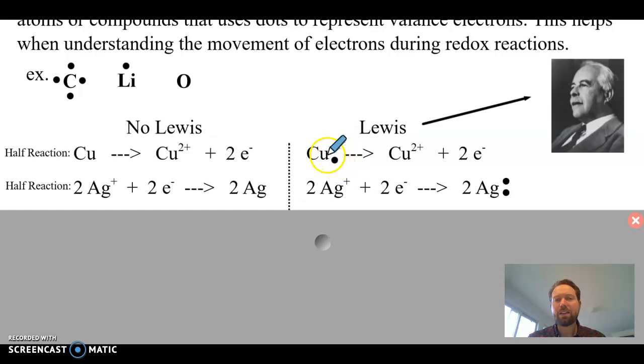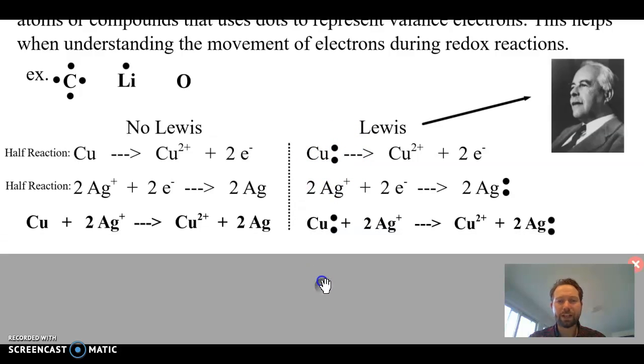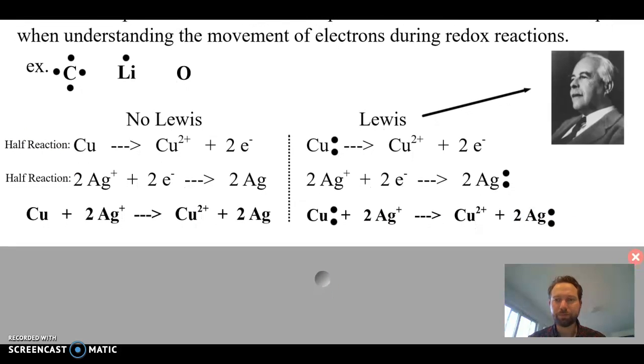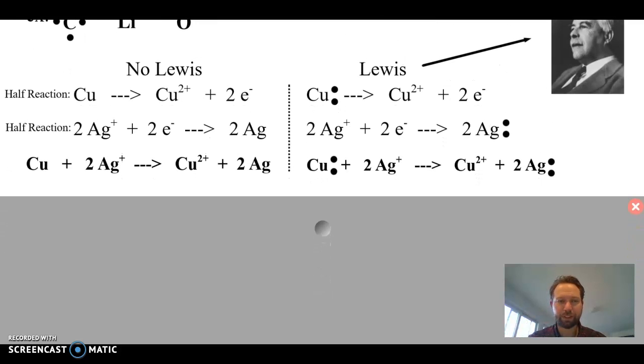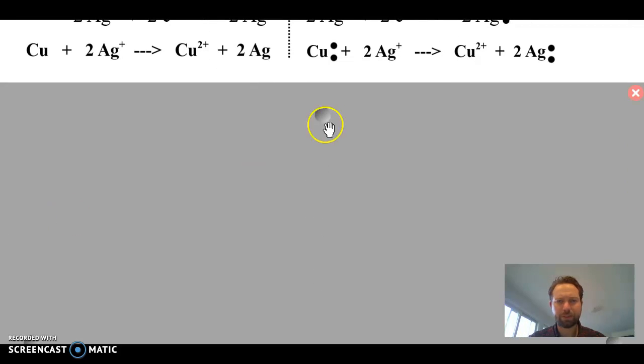You see that the electrons were originally in the copper, and over the course of the whole reaction, the copper gave the electrons over to the silver, right? We start with copper as a solid, and on the right-hand side, we now have silver with these 2 electrons, and it's now solid. That's a picture of Lewis.